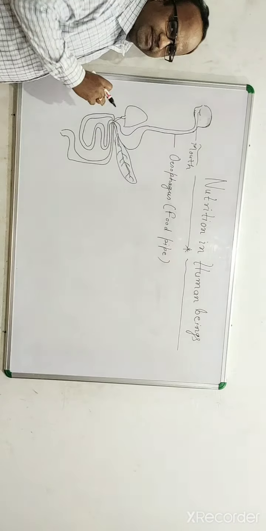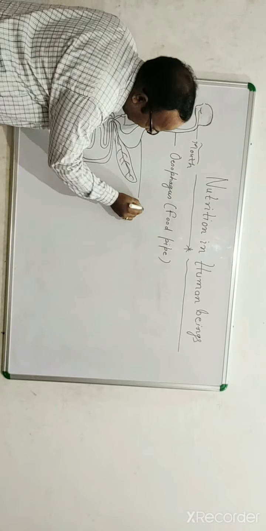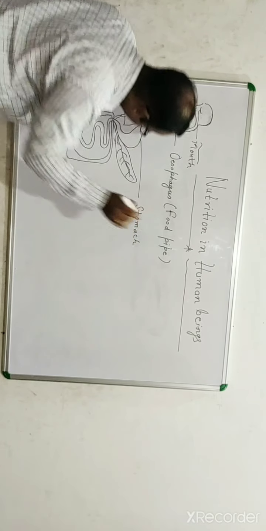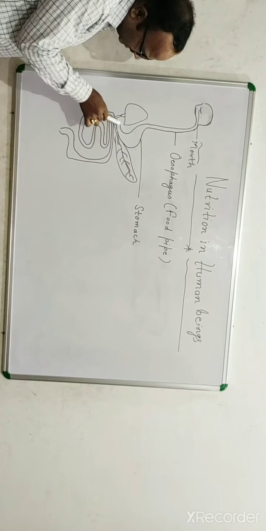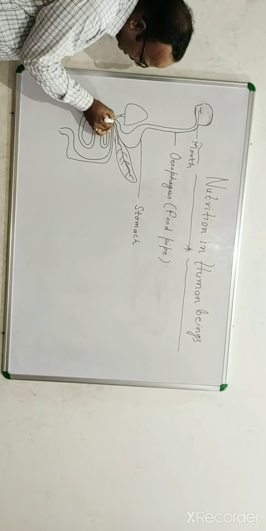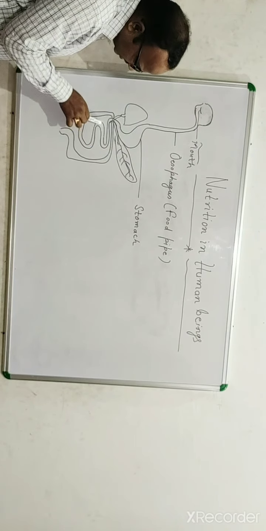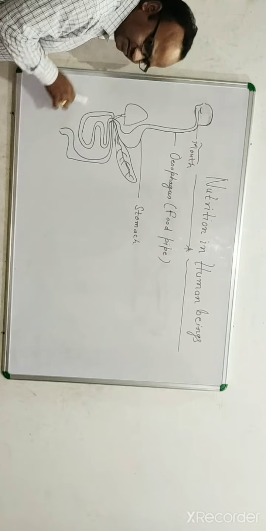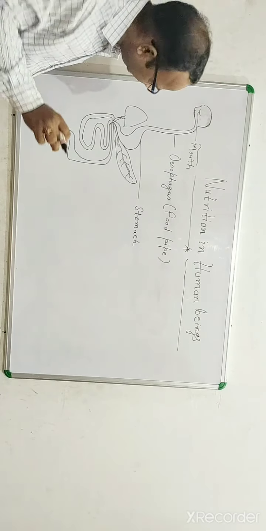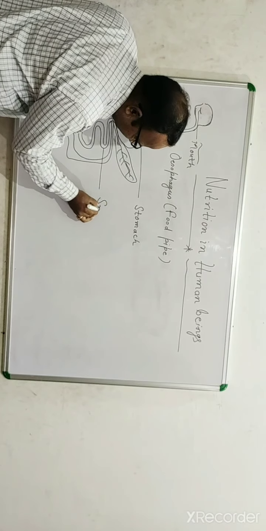This esophagus opens into the stomach. Now this stomach is continuous with this small intestine, having a very small diameter again. This is called the small intestine.